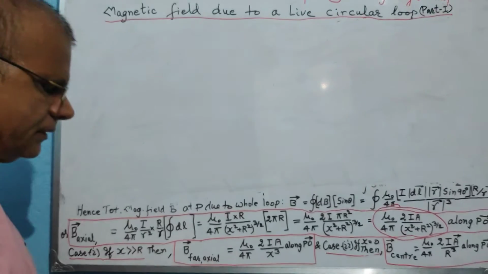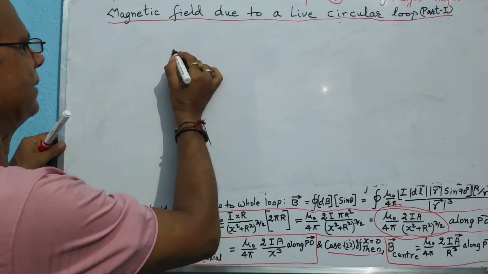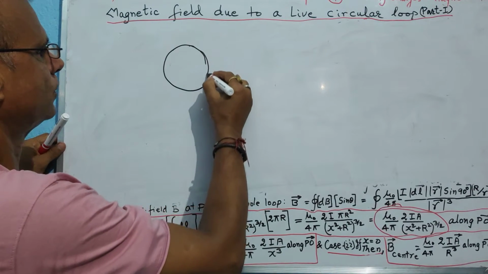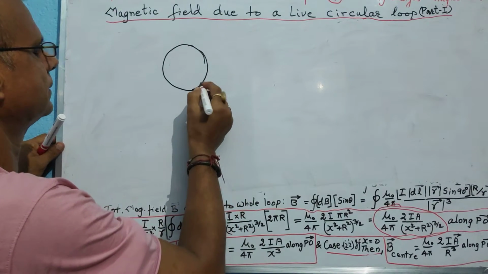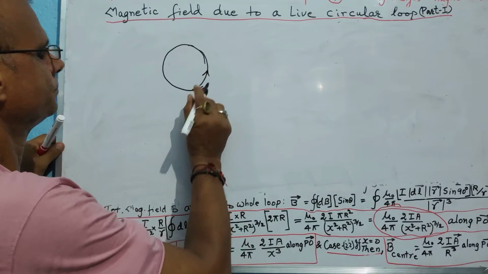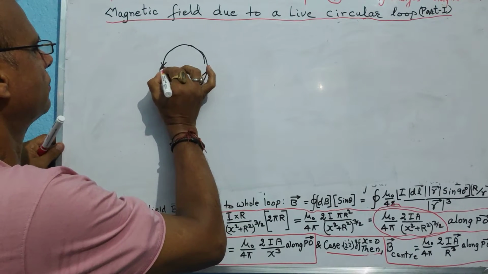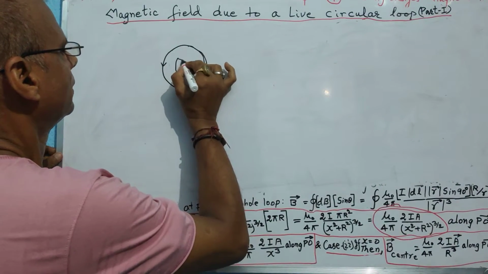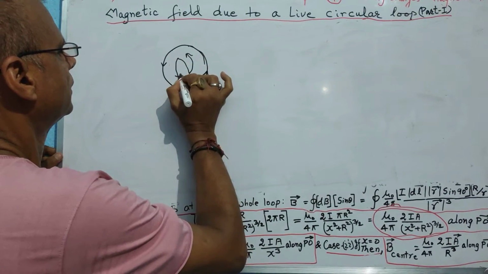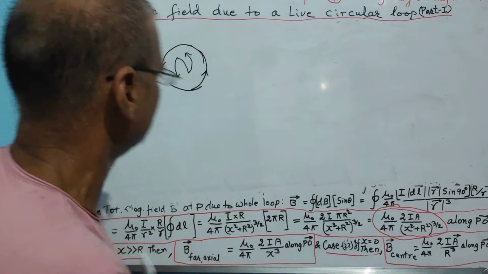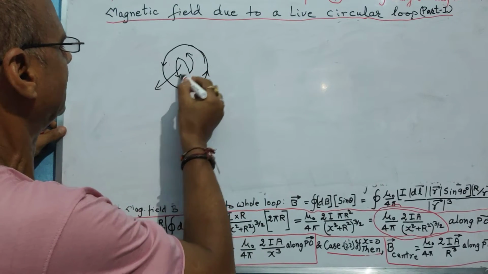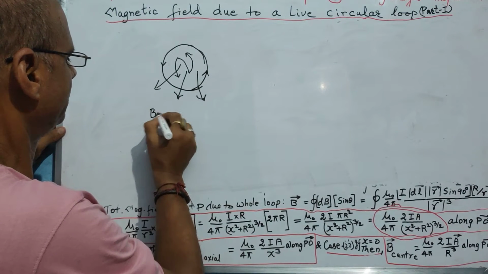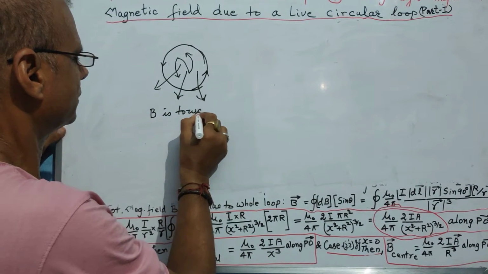If the current is anti-clockwise as observed by the observer, then that face behaves like a north pole and the direction of magnetic field is towards the observer. B is towards the observer.